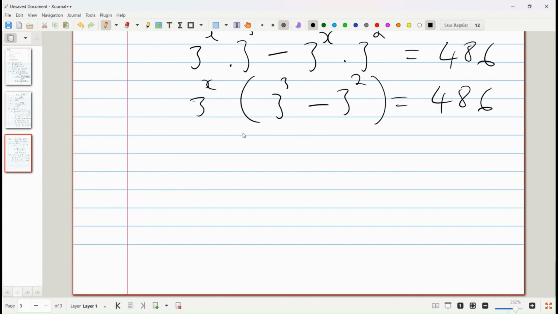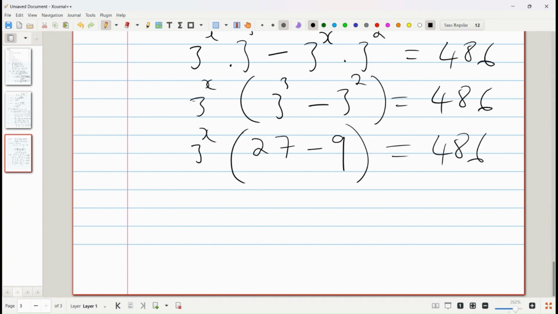So we can simplify what's in the bracket because we know with BODMAS you need to first simplify what's in the bracket first. So 3 to the power 3 we know is 27, and then 3 to the power 2 we know it's 9. So it will be 27 minus 9, here all equal to 486.